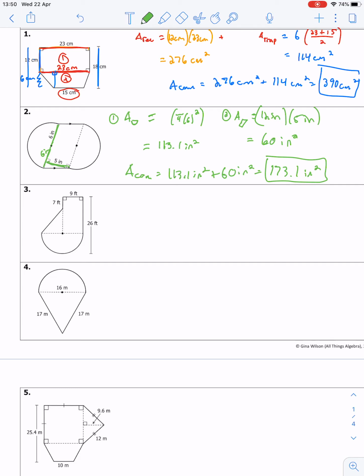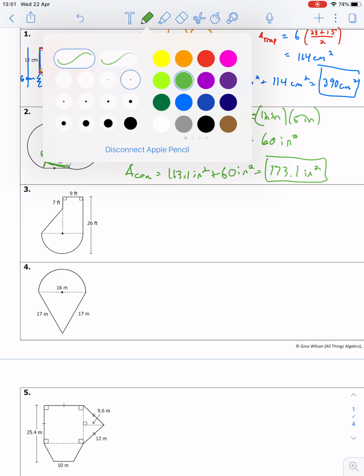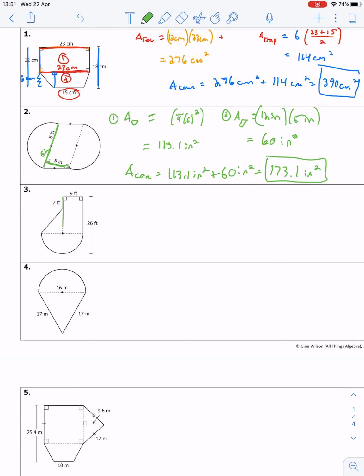Number 3. We are trying to find 3 shapes again. First, looks like we have a rectangle. Second, a triangle. And third, half a circle. So we'll call this 1, 2, 3.